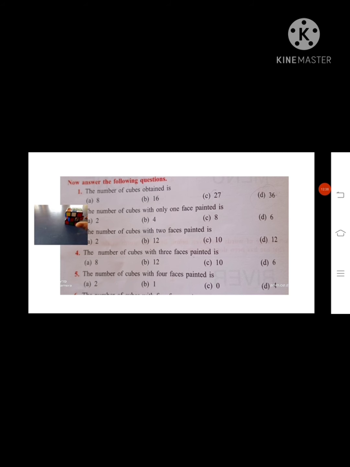the number of faces painted in two... So 1, 2 and 3. In each block we can see 4 are there.